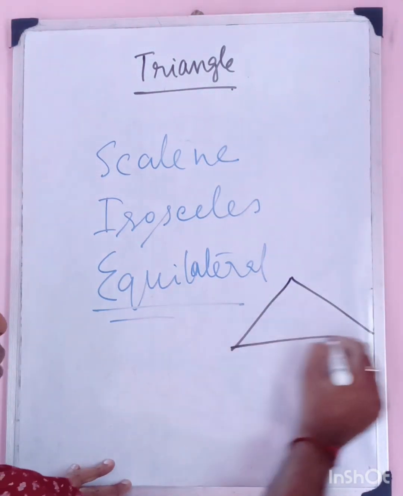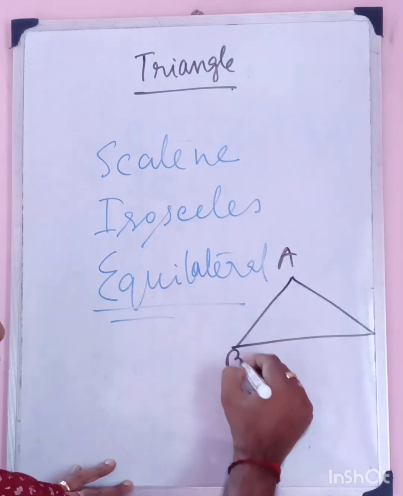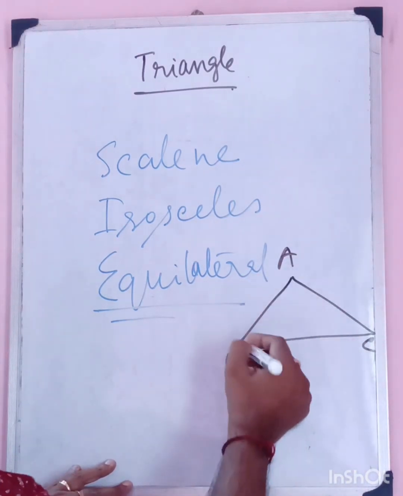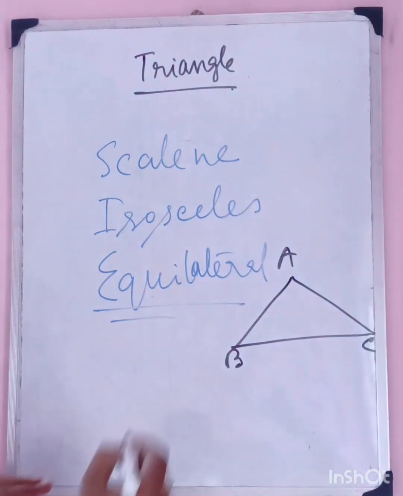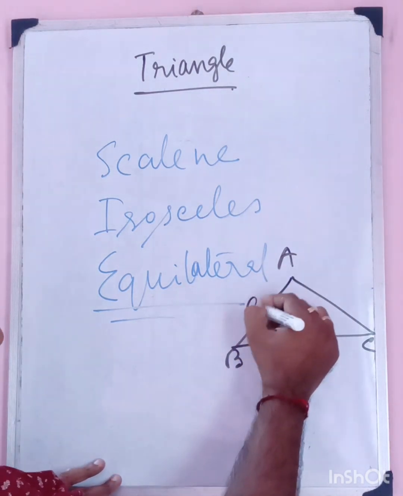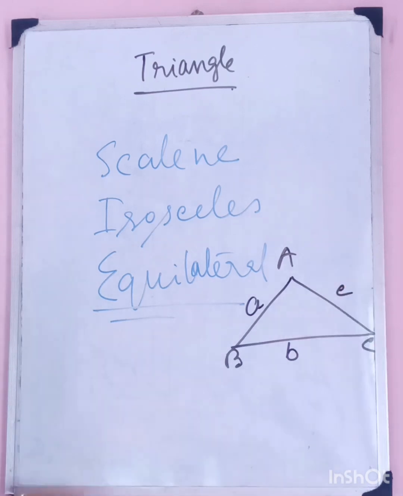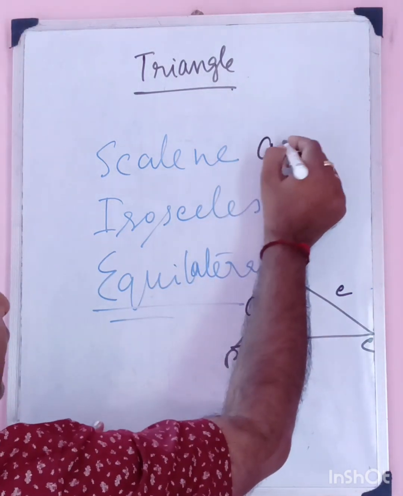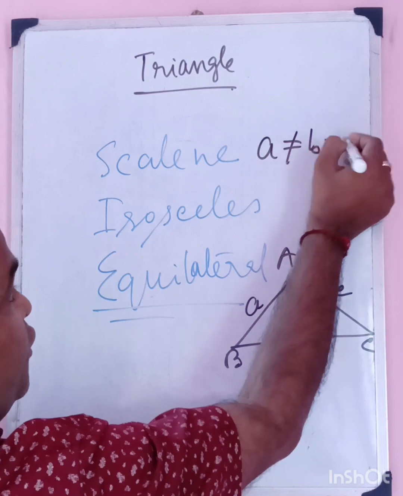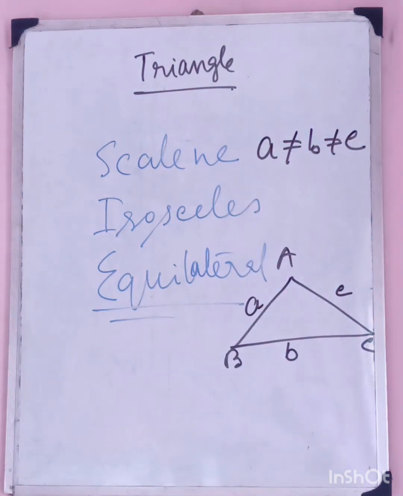Three sides of a triangle ABC, that is AB, BC and CA. Let us denote the lengths as a, small b and small c. If a, b, c are not equal, a not equal b not equal c, this is called scalene.